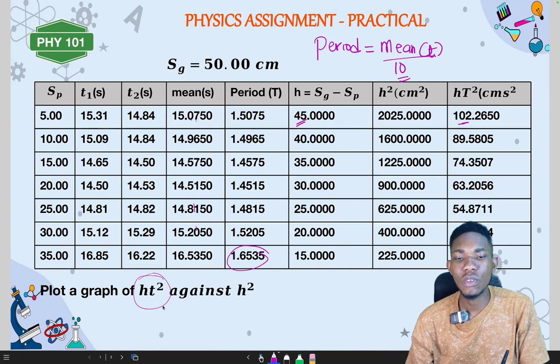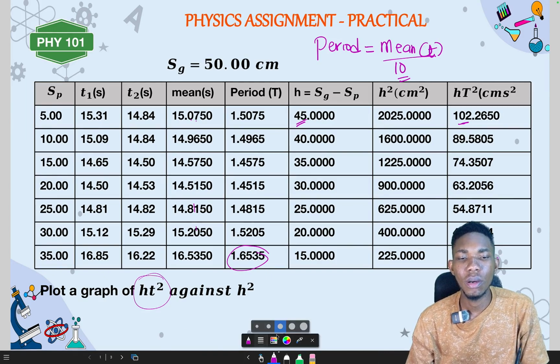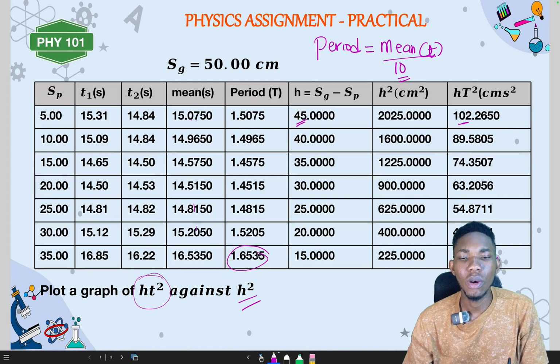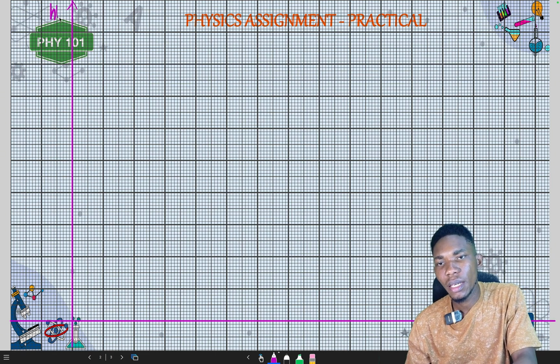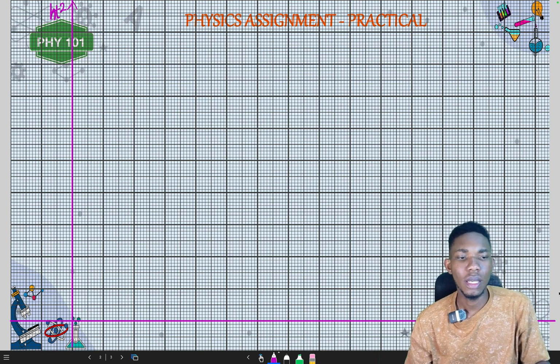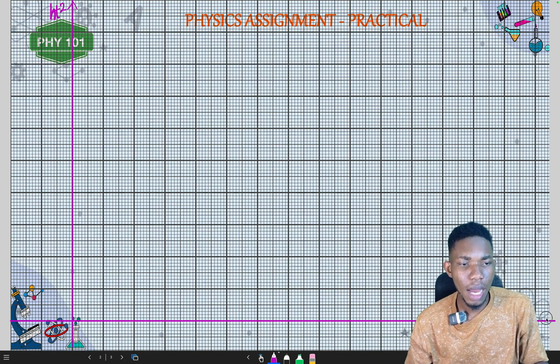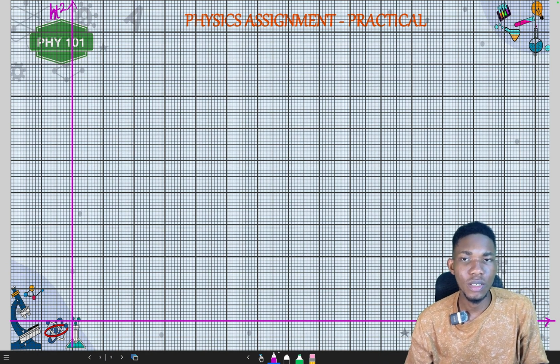It means HT square would be on your y axis and H square will be on your x axis. Is that okay? So you come here and say HT square here. Is that okay? And then you come here, you see how I put my arrow here, you must put all these things in your graph. These are the things they mark. And then here you have H square.